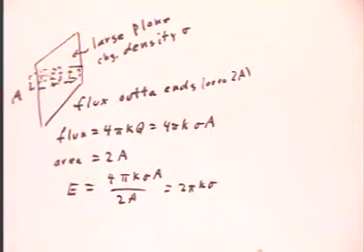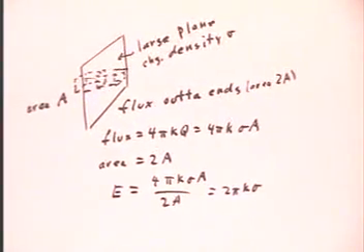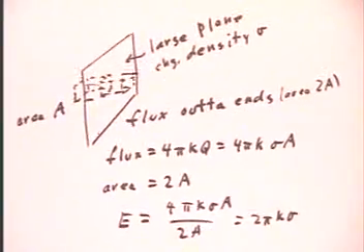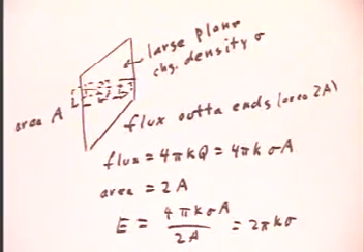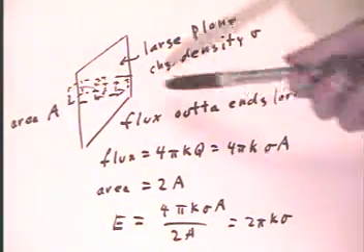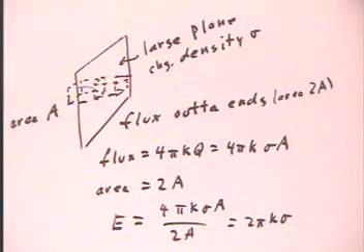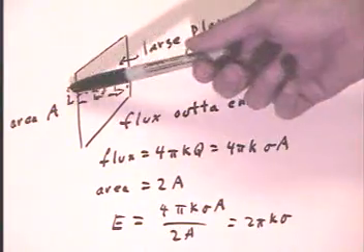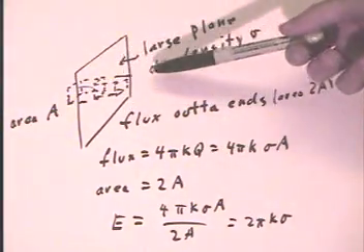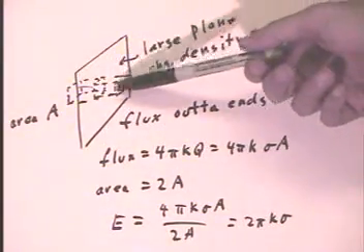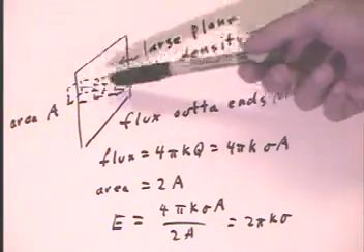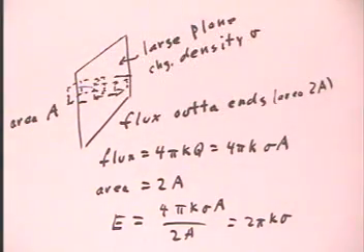And we also have seen that for a large plane with a charge density sigma, if we have a cross-sectional area A in here, we can draw this perpendicular box that goes through the surface with uniform cross-sectional area A, a nice rectangular parallelepiped, a rectangular box.